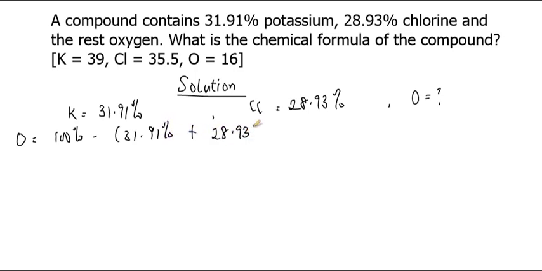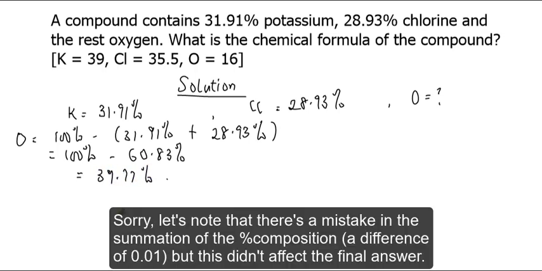31.91 for potassium, 28.93 for chlorine, and this is equivalent to 100% minus. Summing this, we have 60.83 in percentage, which is equivalent to 39.77%.